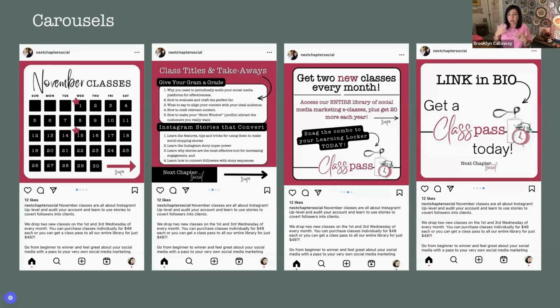Plus, you get 20 more each year because we do 2 a month every month except for December and July. So swipe and then link in bio to get your class pass today. So we were earning the right to sell by wetting their whistle with information and a little bit of inspiration. And anyways, we also spelled it out in information in the caption.